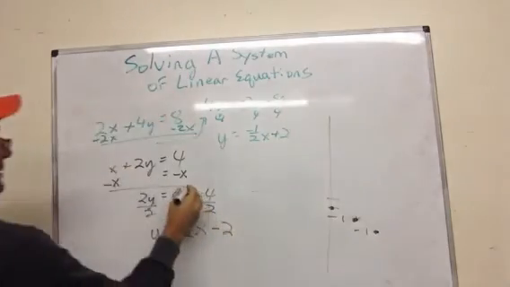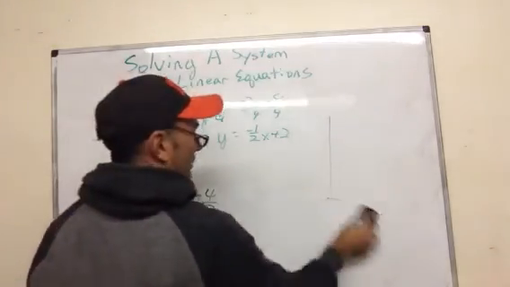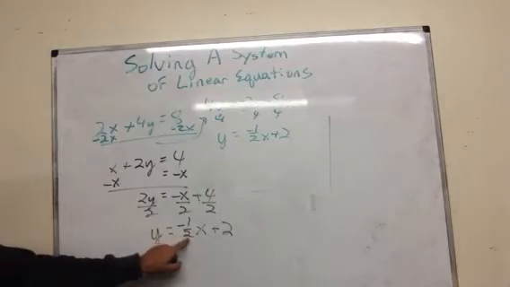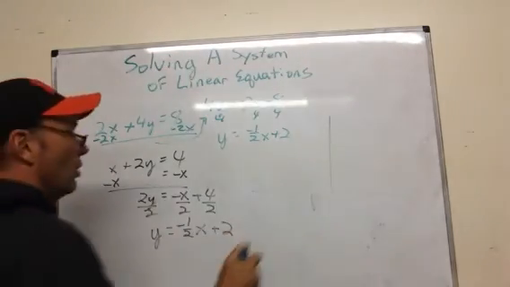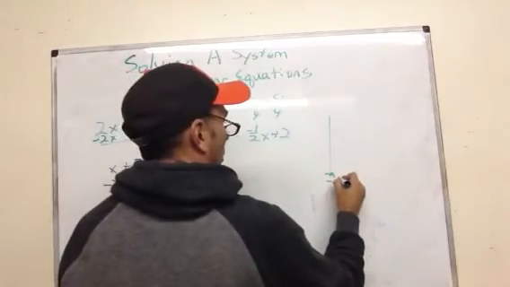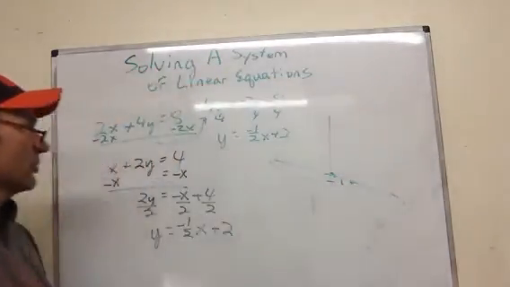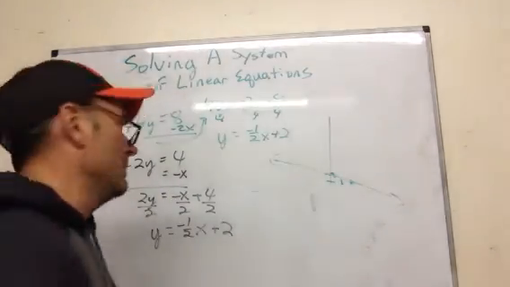And I messed up. This was supposed to be a plus 4. That's a plus 2, so I graphed this wrong. Sorry about that. But if you notice, same slope, negative 1/2, same y-intercept. It is the same exact line. So this, because it's the same line, has many solutions.